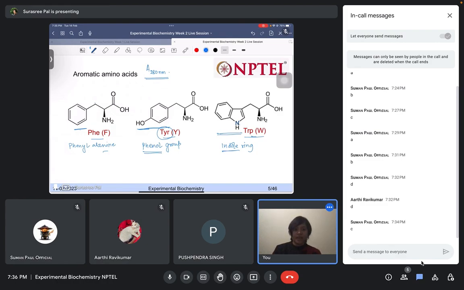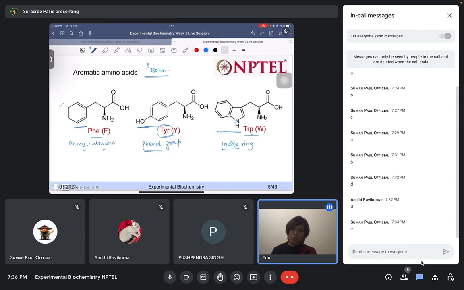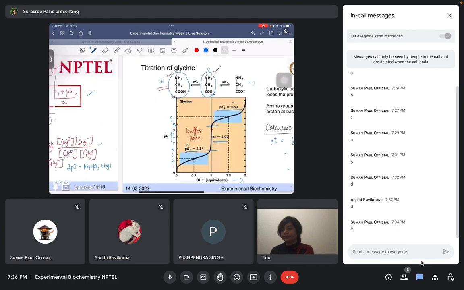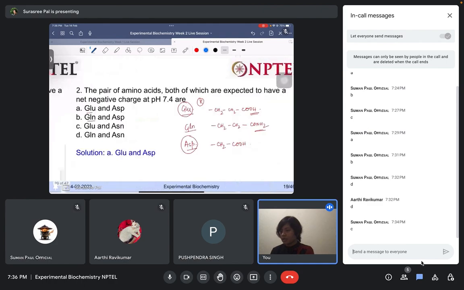Which is why their hydrophobicity is less than phenylalanine, because you can see that there are no polar groups present in the side chain of phenylalanine, only a benzene ring and a methylene group, both of which are not polar, not hydrophilic. So phenylalanine is more hydrophobic than these two amino acids, tyrosine and tryptophan. Is that clear, Pushpendra, also? Okay, all right. Moving on to our next question.